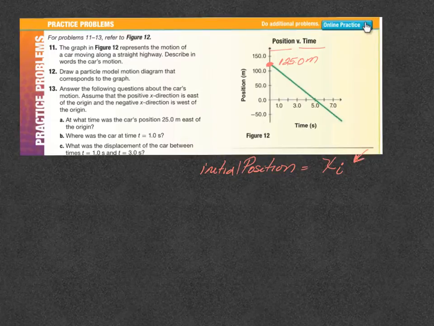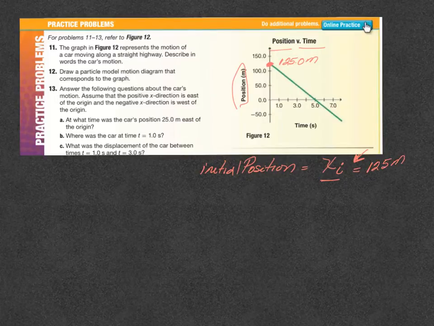That's one of the misconceptions that you have when you're using the formula. Even though position is represented on the y-axis and is the dependent variable, you're going to, okay? So initial position is, let me see, 125 meters.